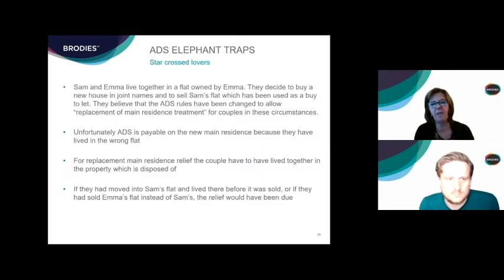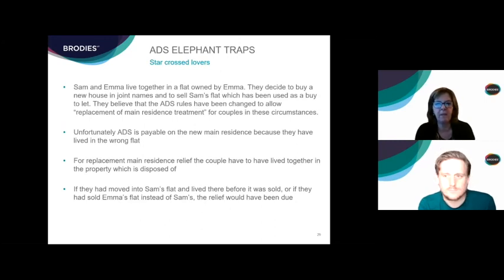So a few of the elephant traps, the star-crossed lovers, and we've actually had a question about this. Sam and Emma live together in a flat owned by Emma. They're going to buy a new house in joint names and to sell Sam's flat, which has been used as buy-to-let. They know that there's been a change to the rules so that people buying in joint names where they lived in a flat that was only owned by one of them is now okay for ADS, but unfortunately in their case, they've lived in the wrong flat.